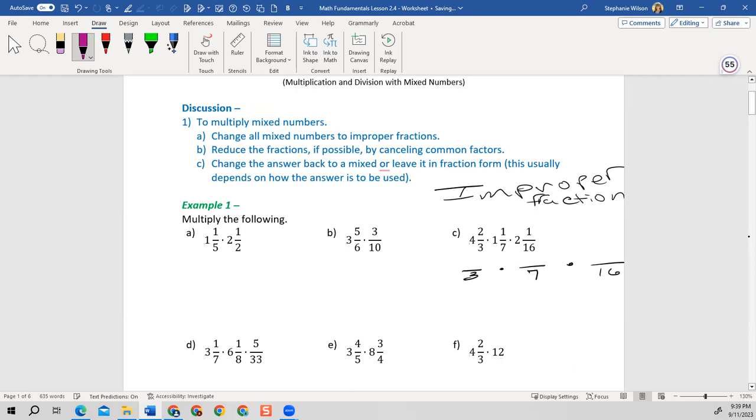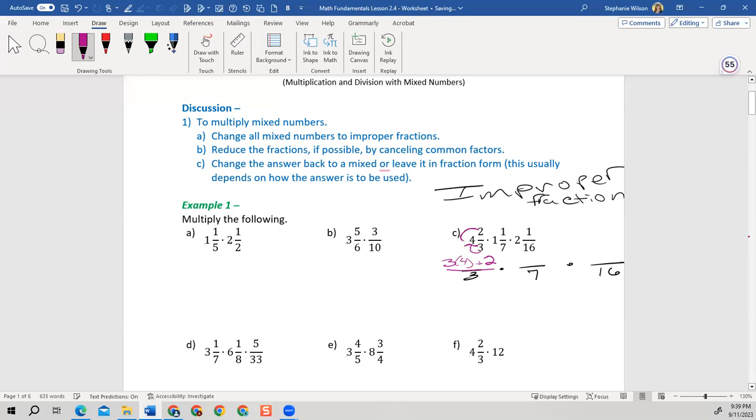Now to find the new numerator, I'm going to take the denominator times the whole number, and add it to this numerator.